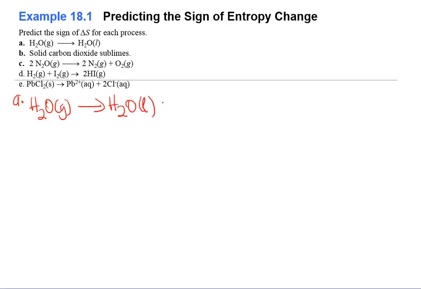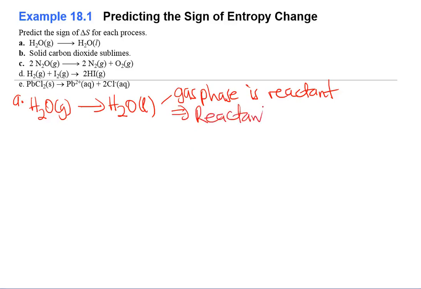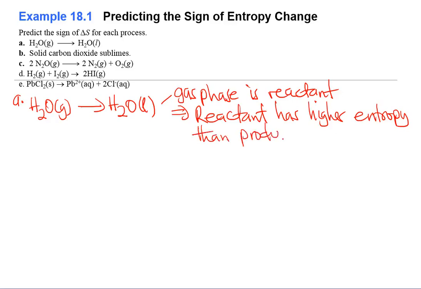So in this case, gas phase is reactant. This implies that the reactant has higher entropy than product, because water gas phase has higher entropy than water liquid phase.